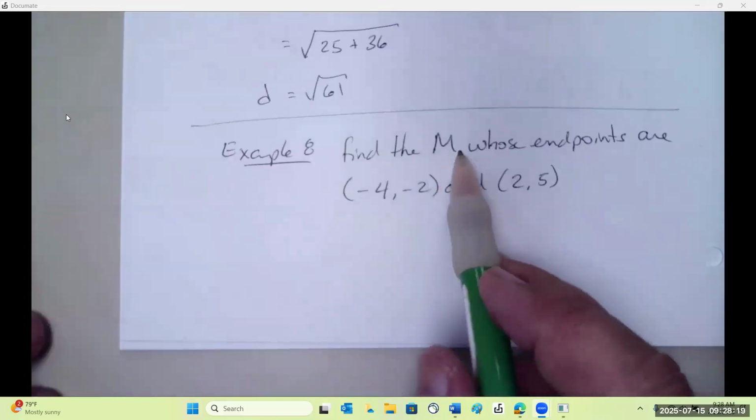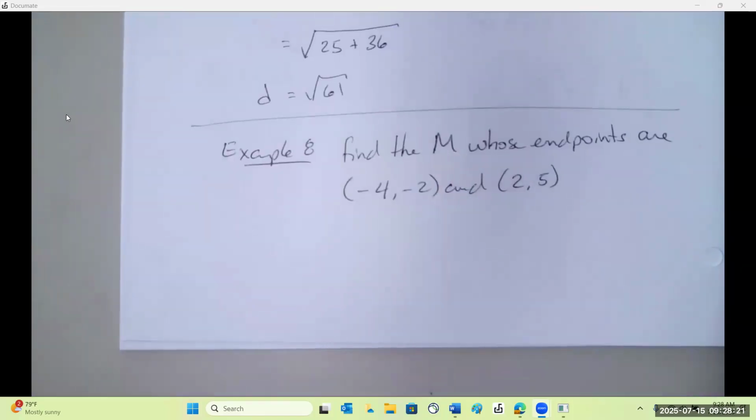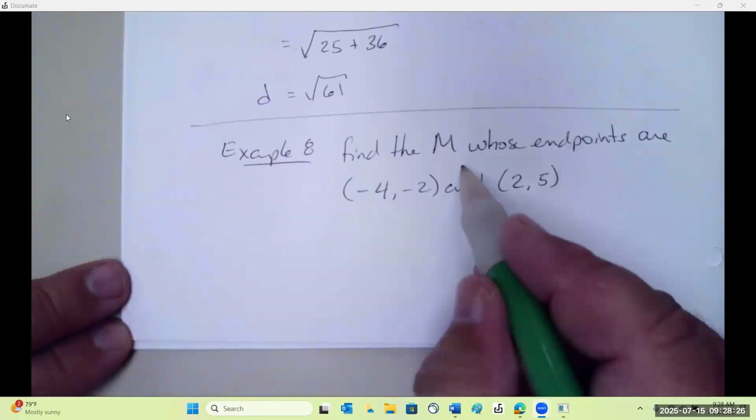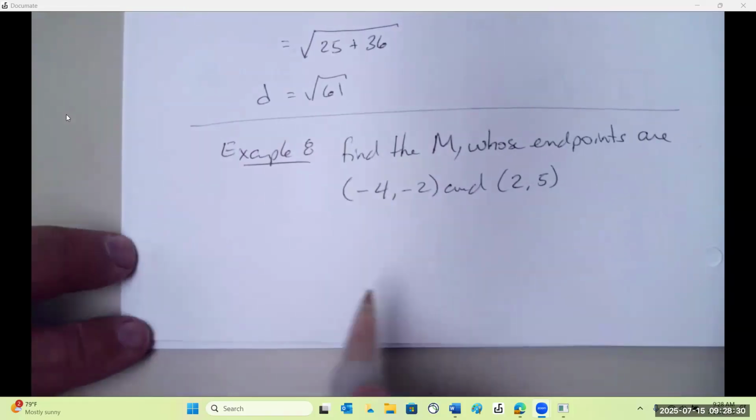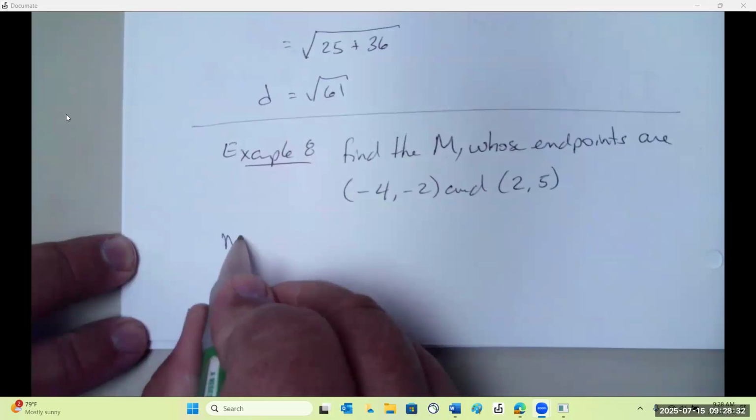So find M, capital M. That's a symbol for midpoint of the line whose endpoints are these guys. So what's the formula for midpoint?